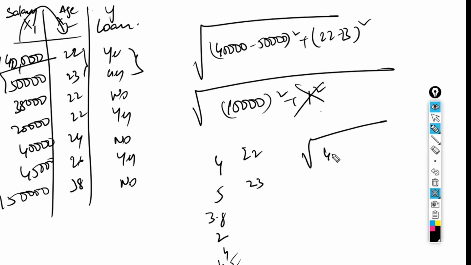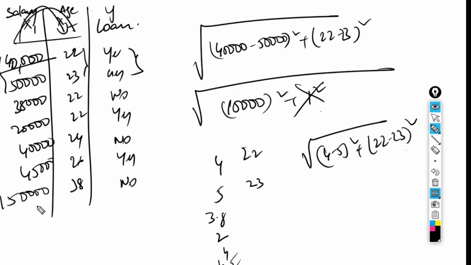Now, square root of (4 minus 5) whole square plus (22 minus 23) whole square: 1 square plus 1 square, both are equally important. That is the reason we have to do the scaling 100%. If you don't do the scaling, one variable will suppress the other. Whichever has the higher magnitude will suppress the one with the lower value. That is the reason we have to do the scaling.